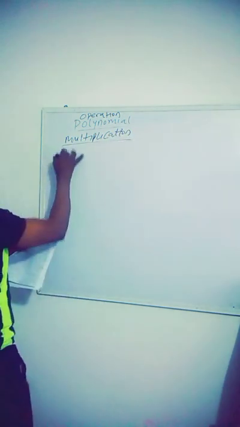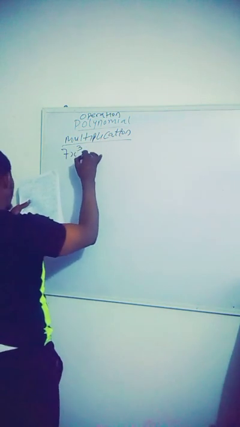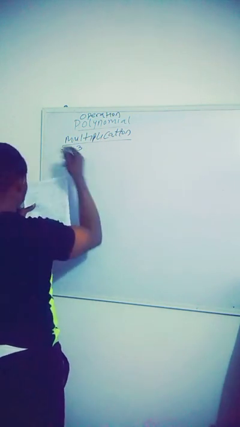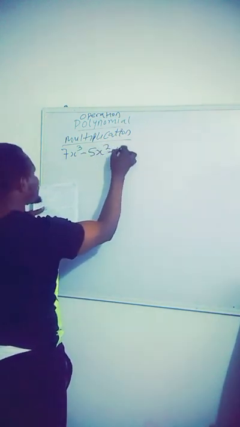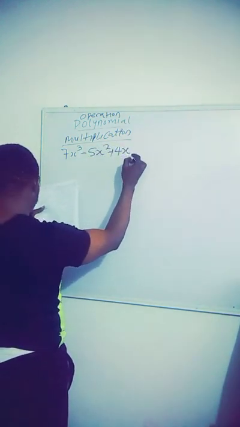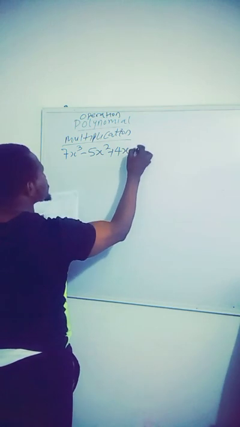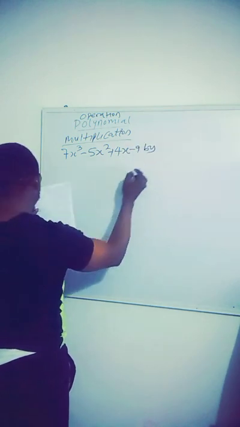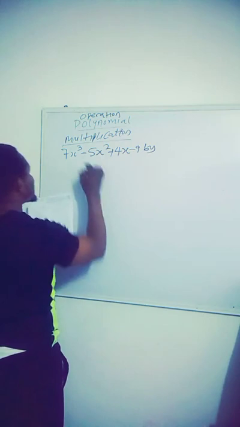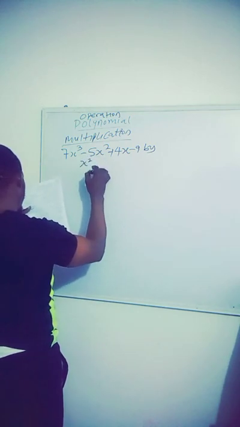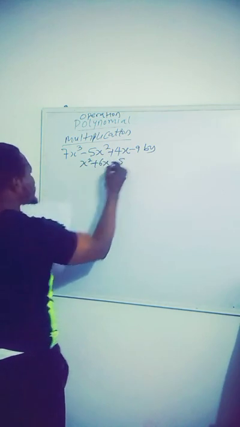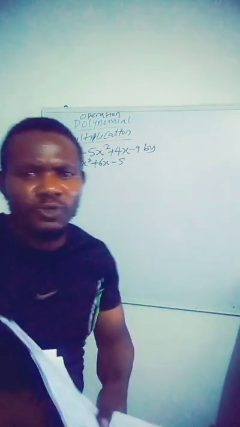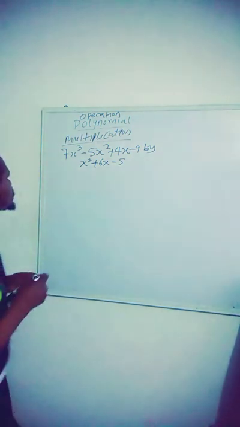The question is 7s cubed minus 5s squared plus 4s minus 9, multiplying this by s squared plus 6s minus 5. So this is multiplication of polynomial. It's very simple. Just know the way you are going to do it.